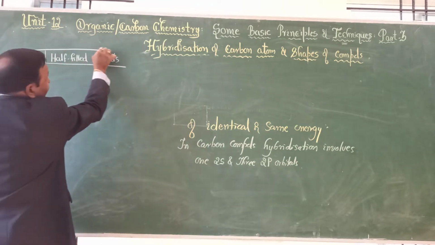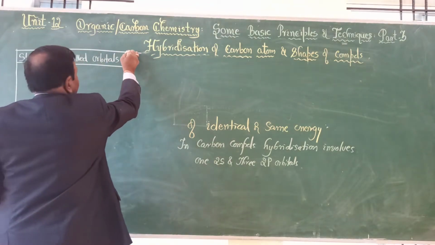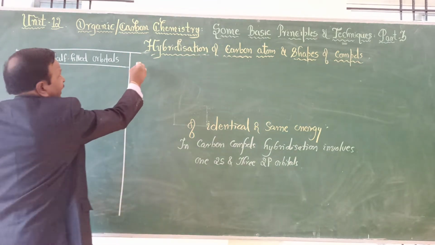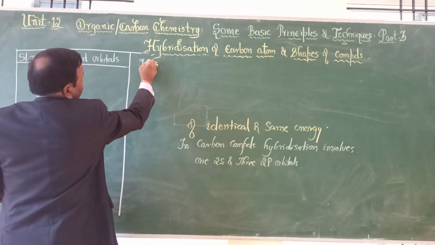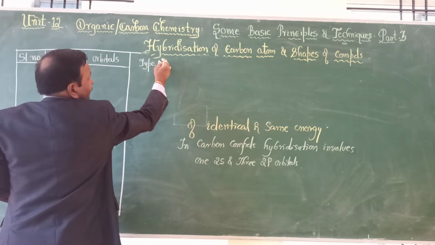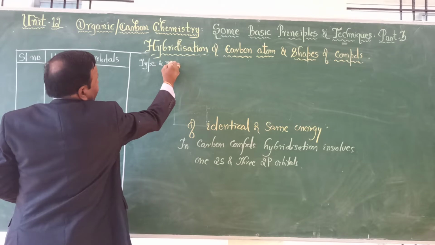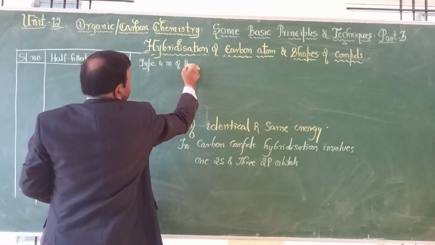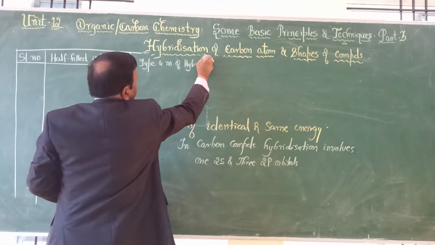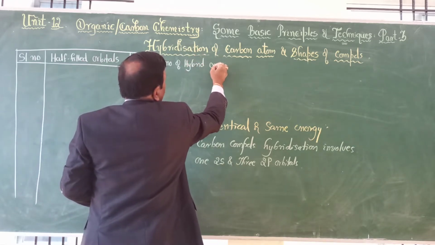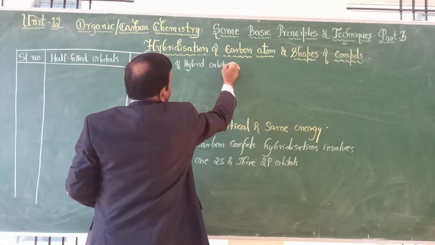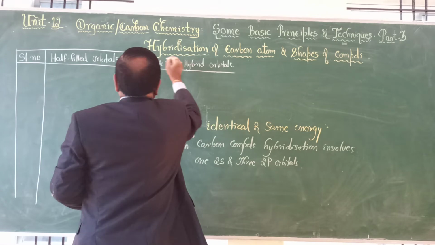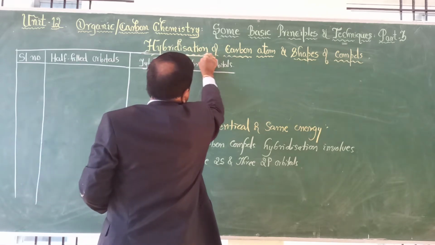And then we are going to get half-filled orbitals, and here we get type and number of hybrid orbitals, what type and how many we get.